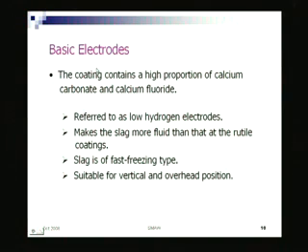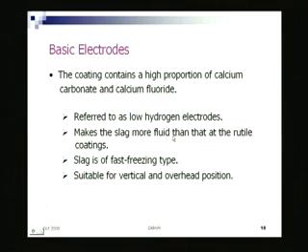Then basic electrodes. These contain a high proportion of calcium carbonate and calcium fluoride. Right. These are referred to as low hydrogen electrodes. We have just now talked about hydrogen embrittlement. So, these are low hydrogen electrodes, meaning here you can achieve an environment where hydrogen evolution is minimal.